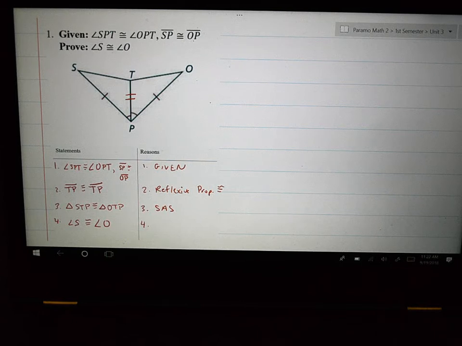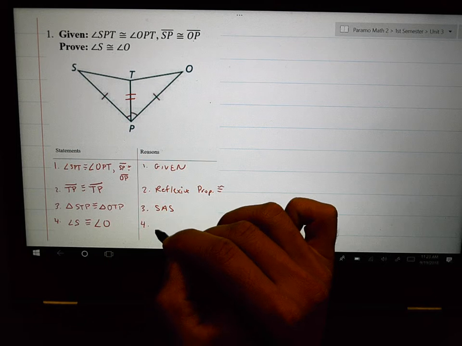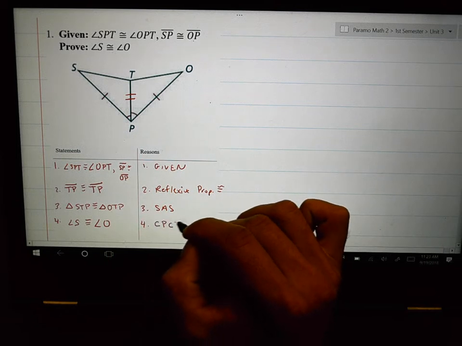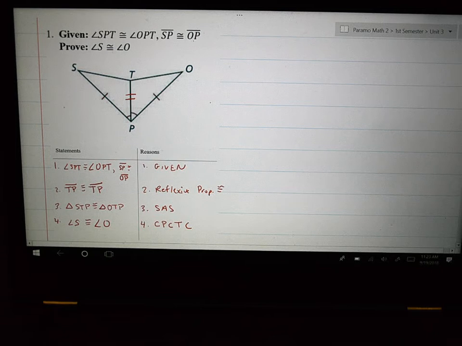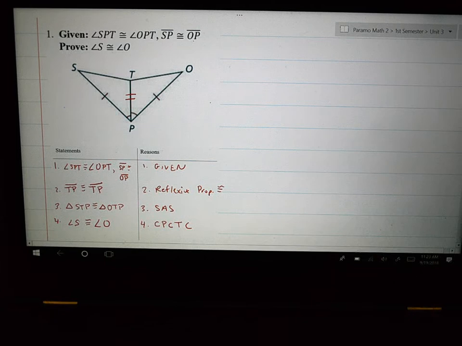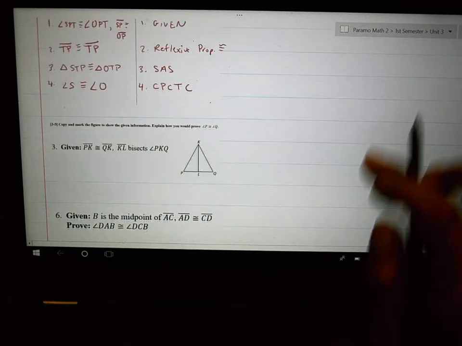There's an abbreviation. The hardest part is remembering the 5 letters. CPCTC: corresponding parts of congruent triangles are congruent. That's how it works. It's our last reason, because these parts are the same after we've proven the triangles congruent. That's how it works. Okay?